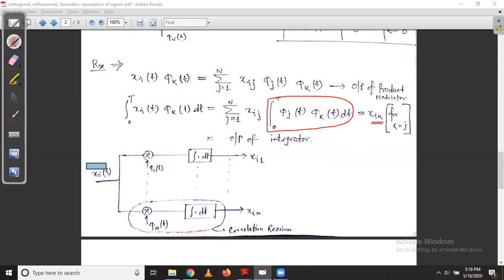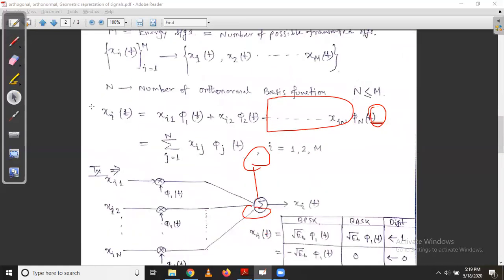Now this x of ij or ik, we are representing by x of i1 up to x of in. So these x of i1 up to in are nothing but the received symbols which were transmitted from the transmitter side.